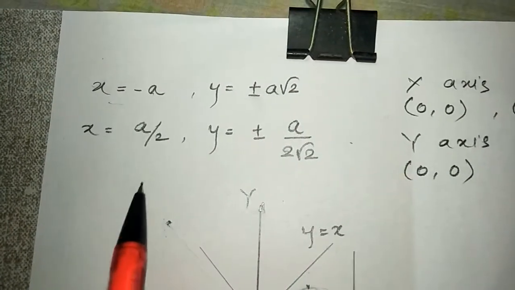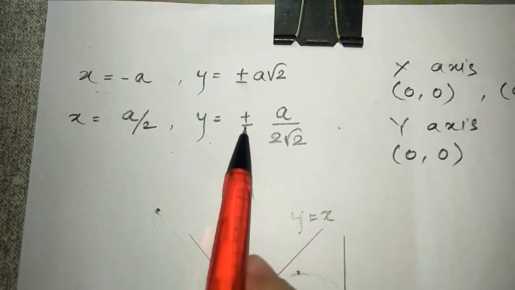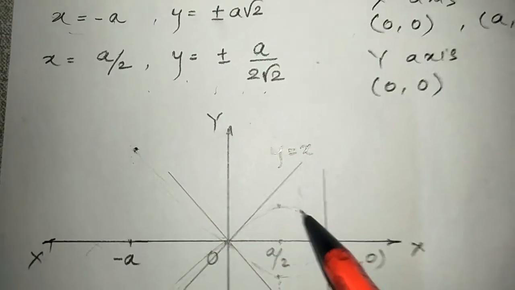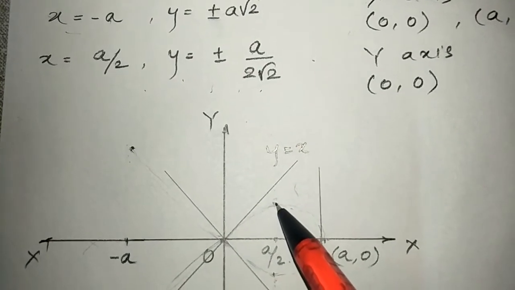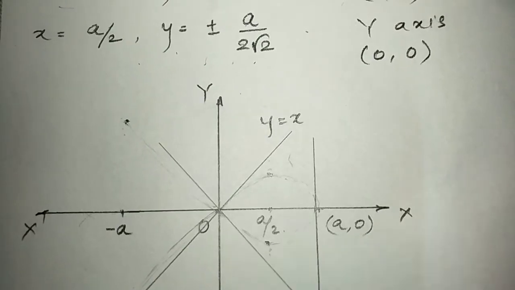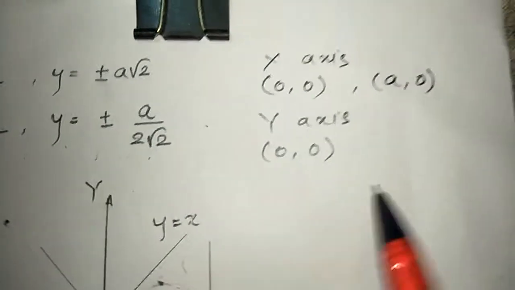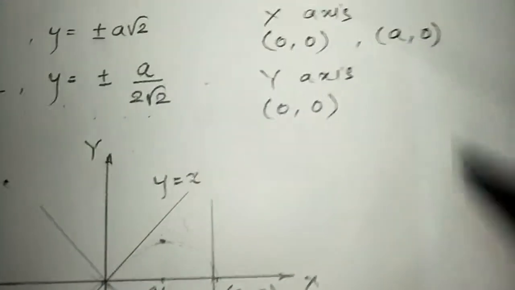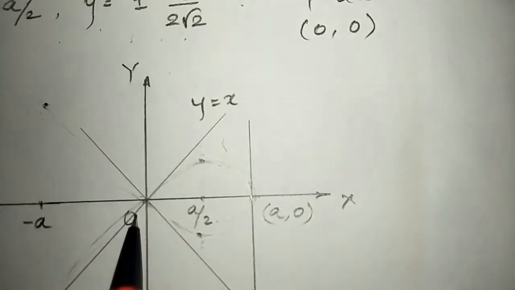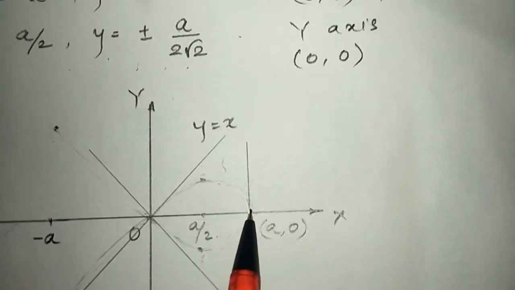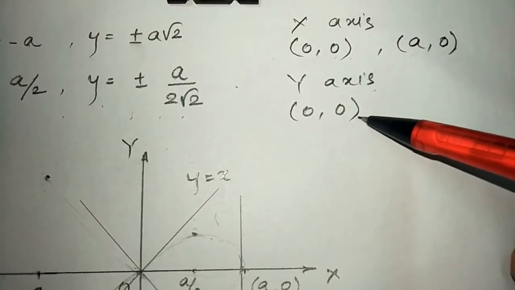When x is a by 2, y is plus minus a upon 2 root 2. So when x is a by 2, we have y as plus a upon 2 root 2. Suppose it is this point, and minus a upon 2 root 2, this is this point. Then the curve intersects the x-axis at (0, 0) and (a, 0). That is, (0, 0) is the origin and this is (a, 0). It intersects the y-axis at (0, 0).